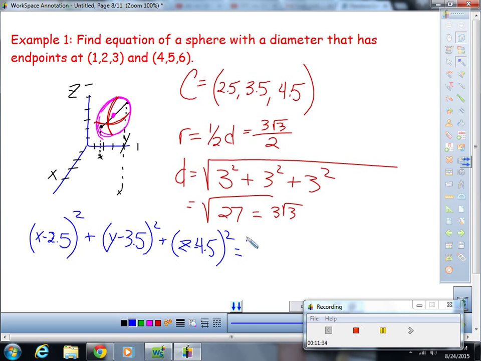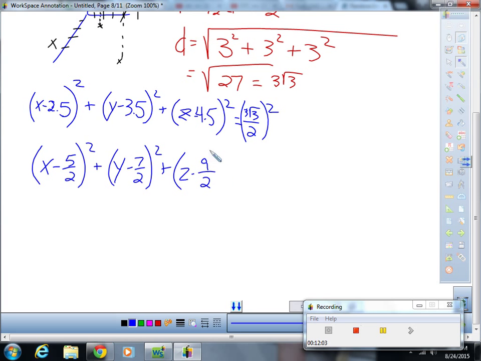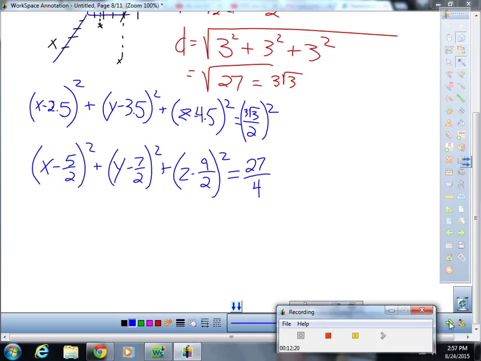Oh dear, 3 radical 3 over 2. Alright, so if I clean that up a little bit, x minus 5 halves squared plus y minus 7 halves squared is equal to... did I do that right? I think so, but Kevin will tell me.